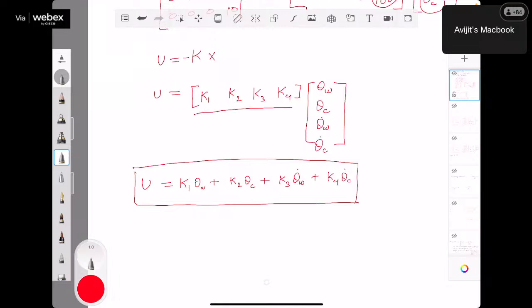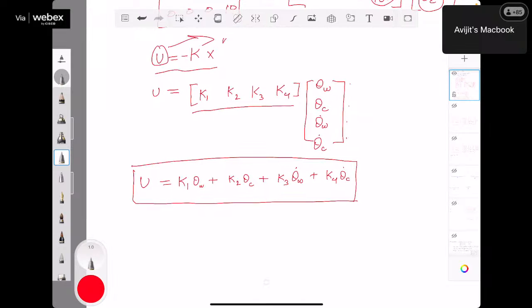At the end, we get a gain matrix, that is the K matrix, and each element of the gain matrix corresponds to one element of the state matrix. And here u is equal to minus Kx. So u is the input that is going to be applied to the motor. So u is calculated by this method.